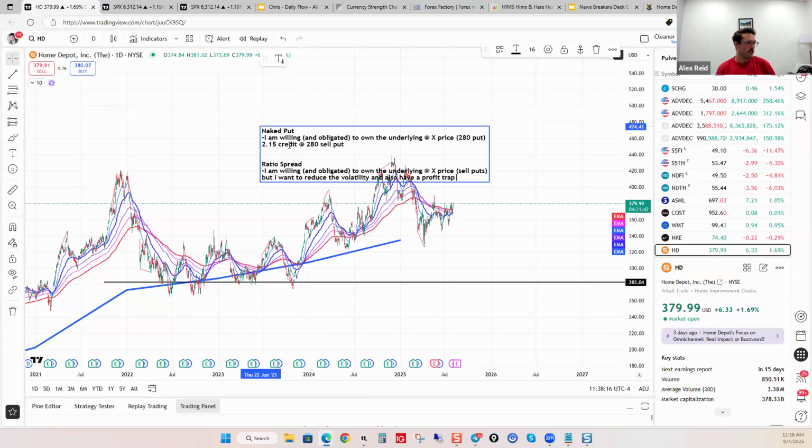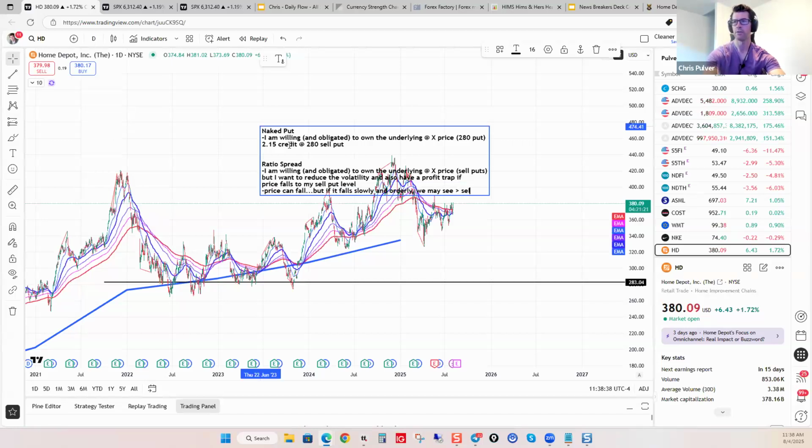You want it to go down, folks, but not too fast. If price falls to my sell put level, with the ratio spread, ideally price can fall, but if it falls slowly and orderly, we may see greater than the sell put premium.